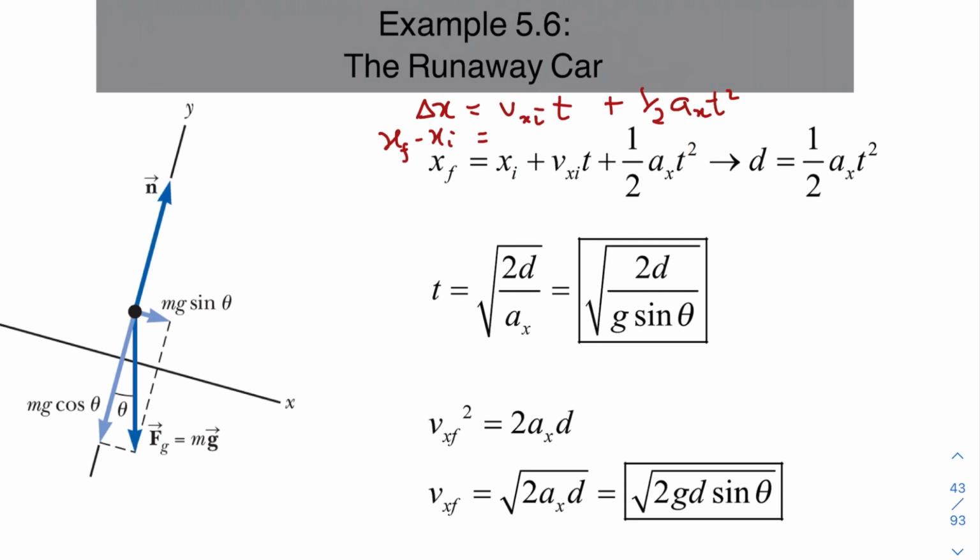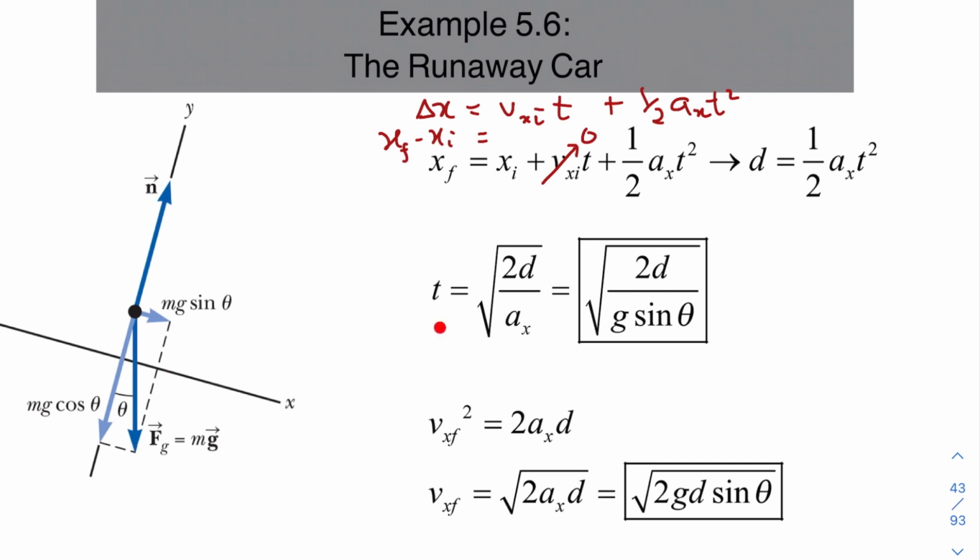Now, x final minus x initial is actually the d, the distance traveled, and we start from rest, so v initial of the car is 0. That is why we are left with d equivalent to half ax t squared.